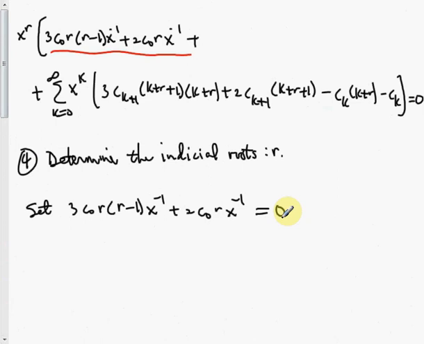You divide out by that x to the r. I'm going to factor out what's common, that c naught and also that x to the negative 1. So what I have left is 3 times r minus 1, plus 2r, equal to 0.